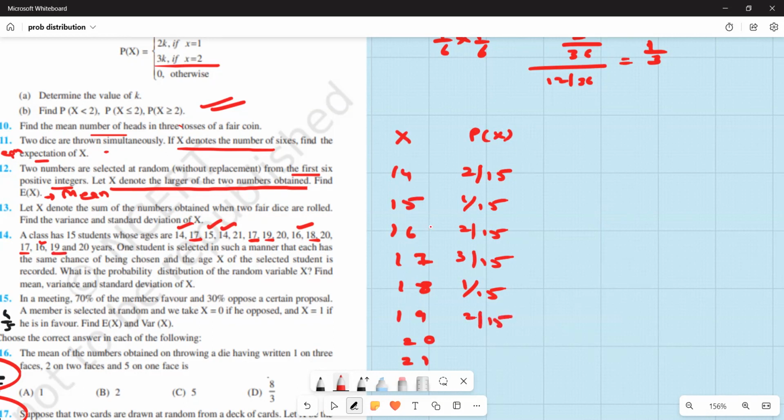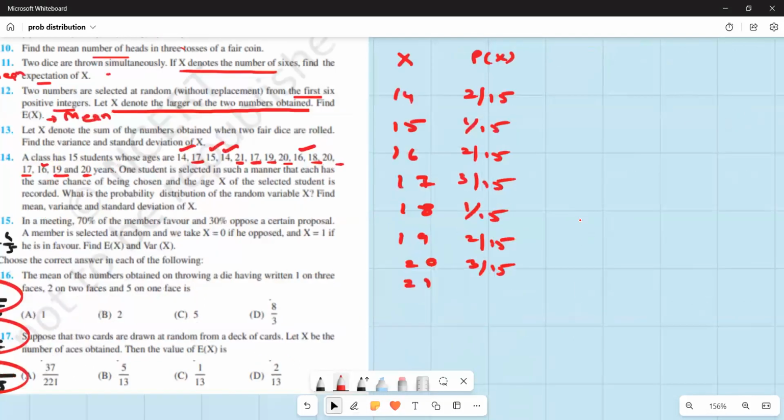Then 20. 20 is 1, 2, 3. 3 by 15. And then 21 is this only. 1 only, na? That is left only. So 1 by 15. Just check, have you left something? 2 plus 1, 3 plus 4, 2, 5. 5 and 3, 8, 9. 9 to 11, 11, 14, 15. So all are taken.